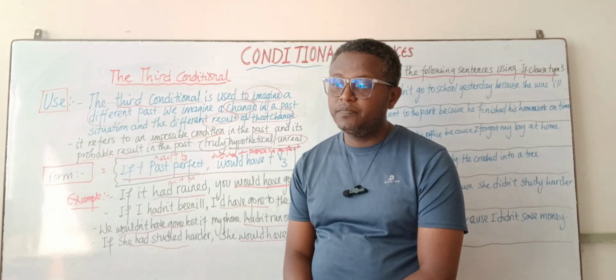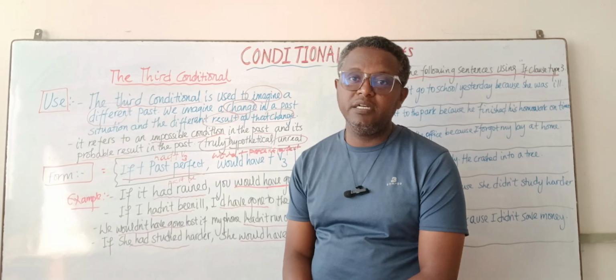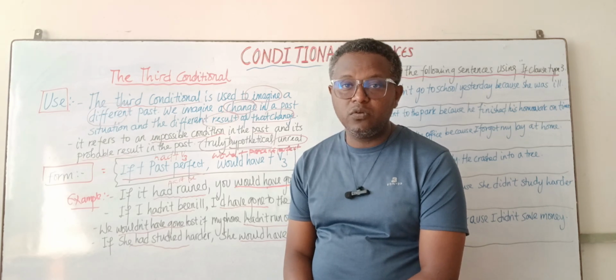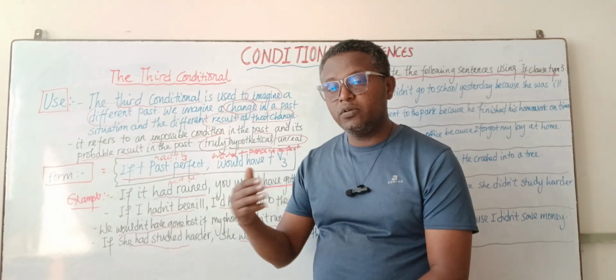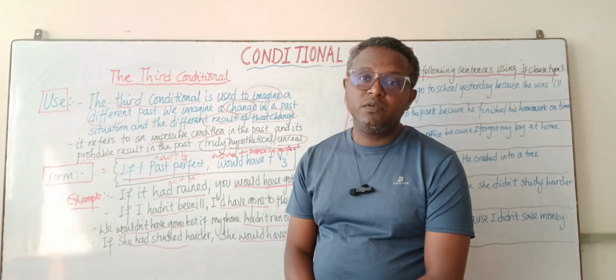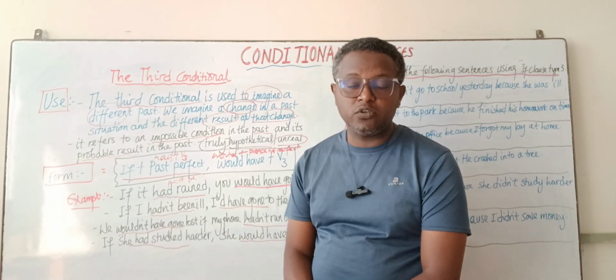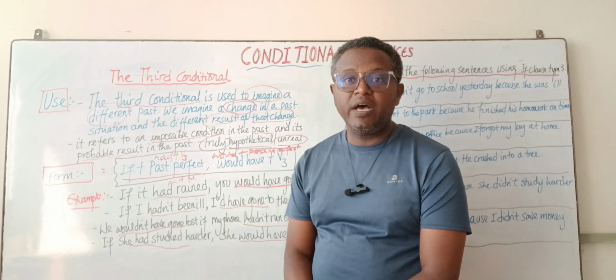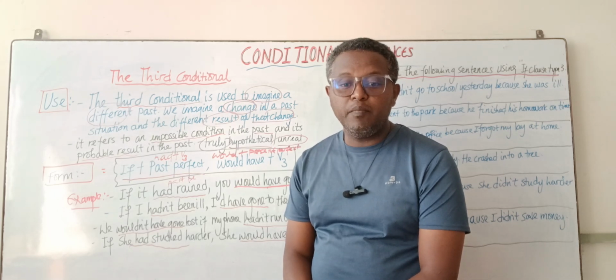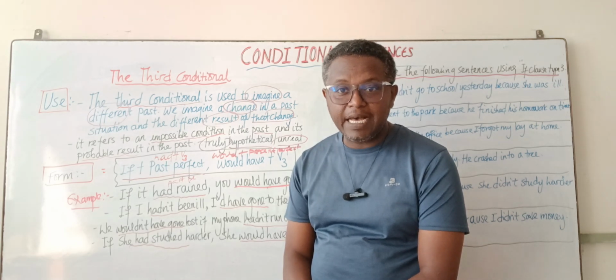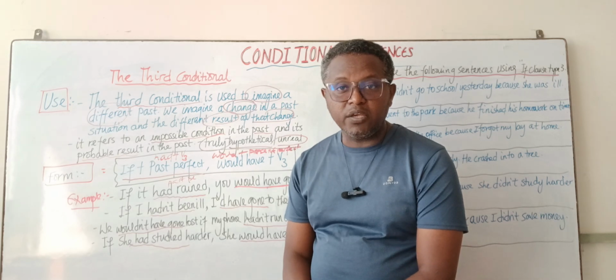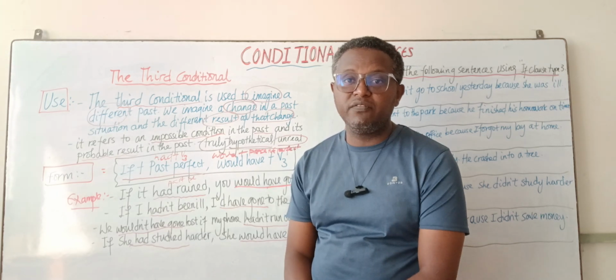For that person, okay, he didn't study hard when he was at school or at college, so he couldn't be a doctor, okay? If I had finished my medical class at college, I would have become a doctor just like my friends.